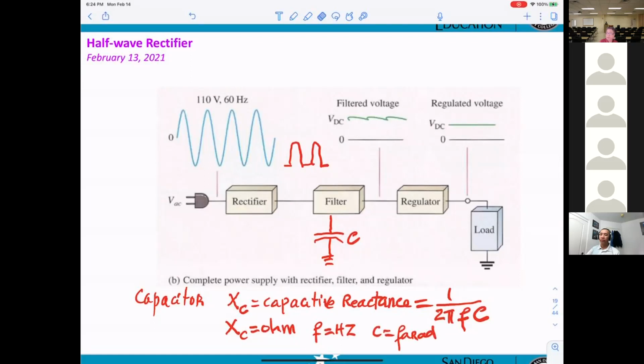Now, the capacitor has to deal with either DC or AC. So for AC, what does XC equal?